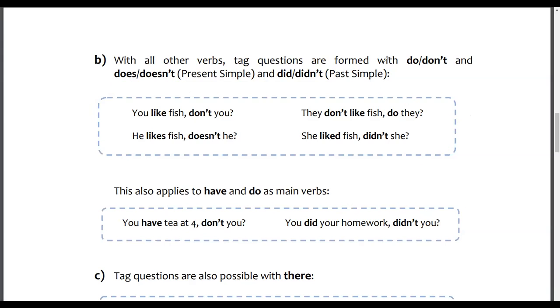I can shorten this video by saying that all you need to do is just to look at the auxiliary verb you have there and then use the same one with an opposite meaning, which is positive or negative, and then add the personal pronoun that represents the noun at the beginning of a sentence. That's it. That's all you need to do, okay? All right, here we go.